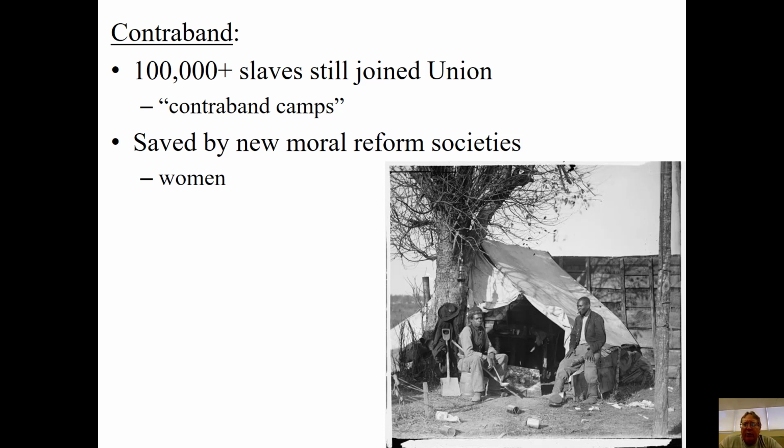But one of the things we do see, coming down out of the North, a lot of women especially come down into these contraband camps to provide services, to be teachers, to help them organize themselves, to help provide legal expertise, medical expertise, right? A lot of people are saying, hey, look, this is a problem we have to deal with.